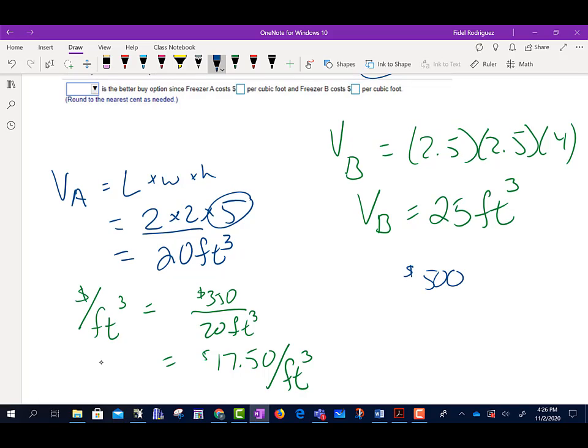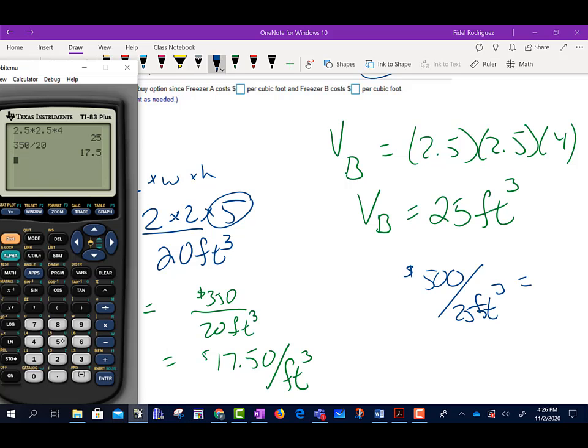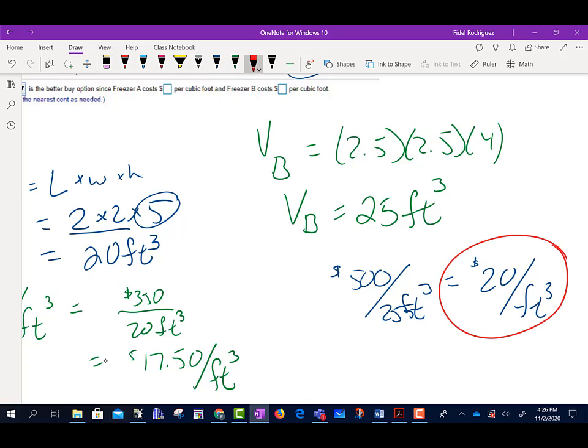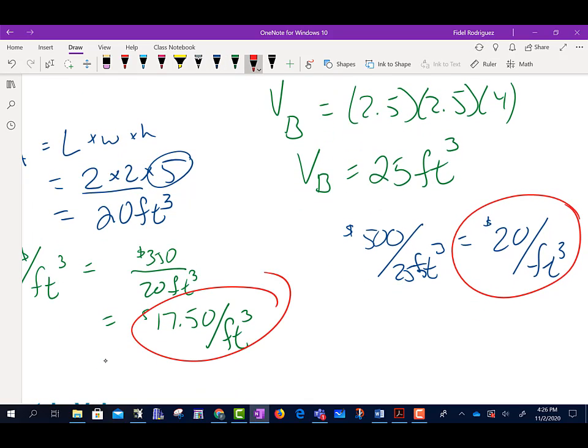Now, if I do this for B, B was 500, right? So $500 per 25 cubic feet. So 500 divided by 25 is $20 per cubic foot. So now the question is, which is the better deal? A or B? Well, look, A is cheaper, right?